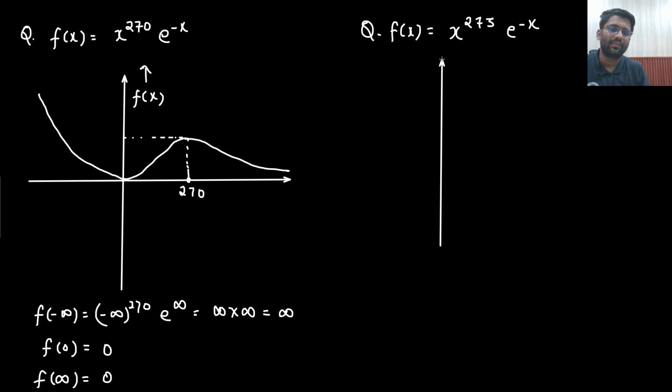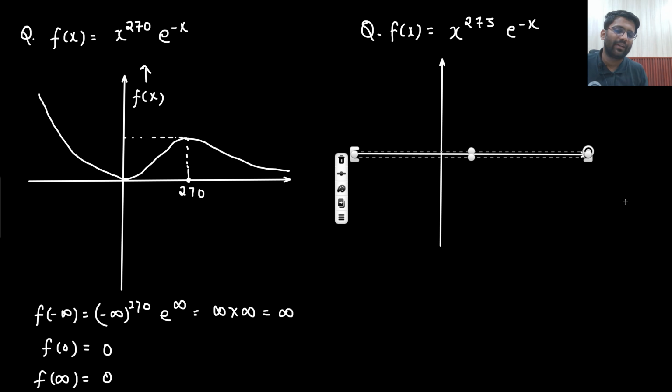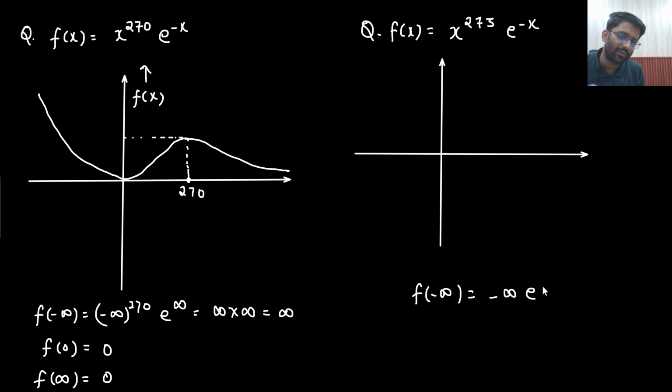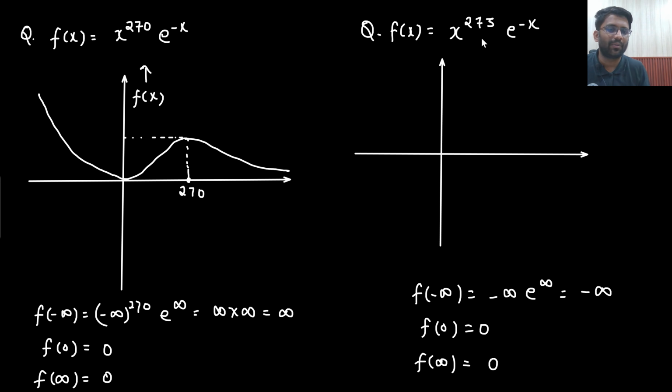And what about this graph? What will be the value at minus infinity? F of minus infinity, if you put, this will become minus infinity to the power 273 times e to the power infinity, that will be minus infinity only. Right? So it will be starting from minus infinity. F of 0 will be 0 only. F of infinity, you keep on doing the calculation. I have told you it will be 0 only, because you will keep on differentiating until it becomes 270 factorial divided by e to the power x.